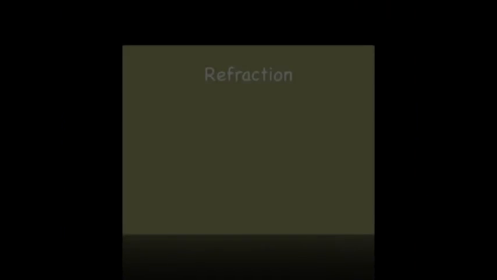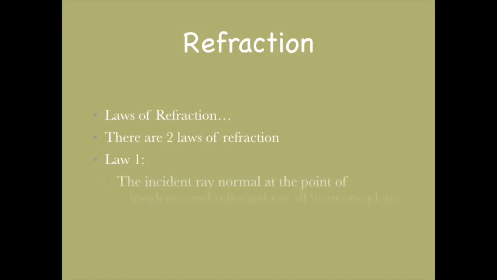So let's proceed with the laws of refraction. Like the law of reflection, here also there are two simple laws. Law number 1 states that the incident ray, the normal at the point of incidence and the refracted ray all lie in the same plane.